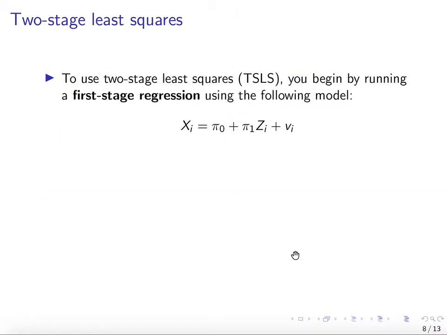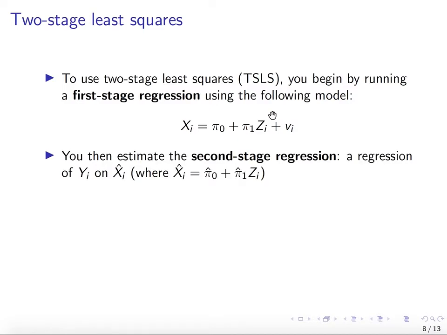To use two-stage least squares, you first run what we call the first stage regression. In this first stage, you're going to regress the endogenous variable on the exogenous variable. In the second stage, you're going to use the predicted xi coming from your sample regression.